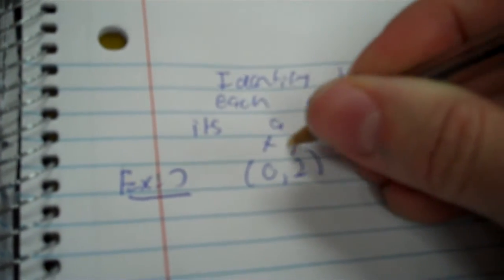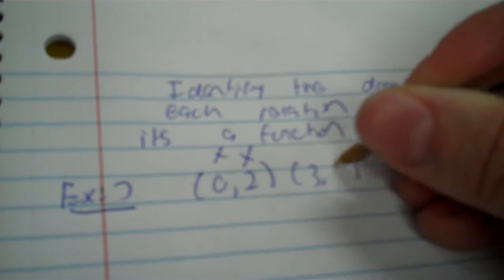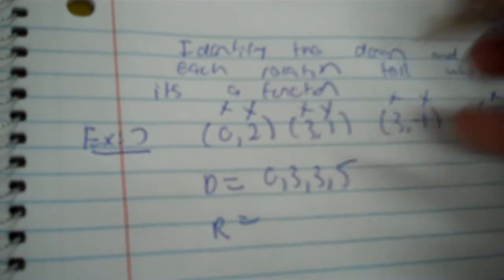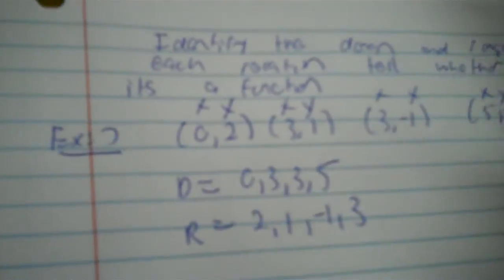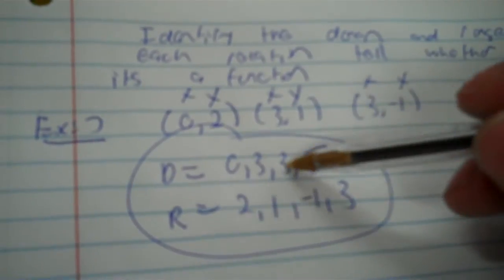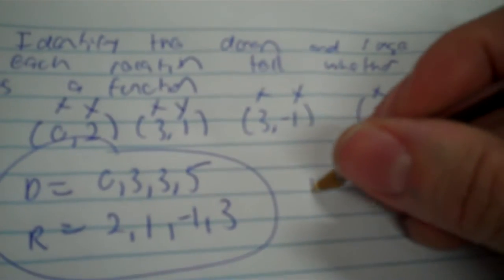That's example 7. So we have the coordinate pair 0 with 2, then 3 with 1, then 3 with -1, then 5 with 3. So domain: 0, 3, 3, 5. Range: 2, 1, -1, 3. That's my domain and range, but since there's a repeated 3 in the domain, it's not a function.